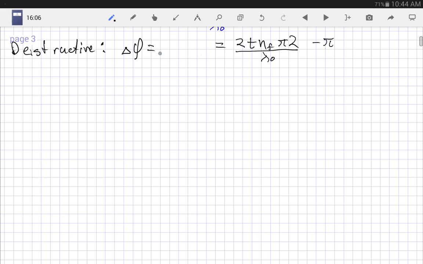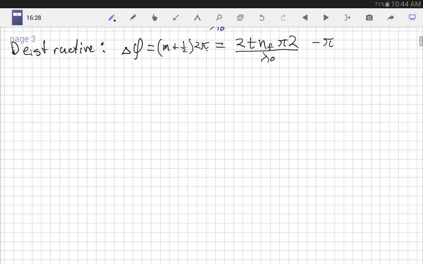So we write this as m plus 1/2 times 2 pi. Now we have half integer multiples.